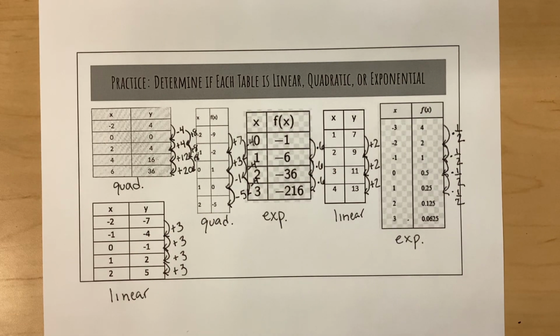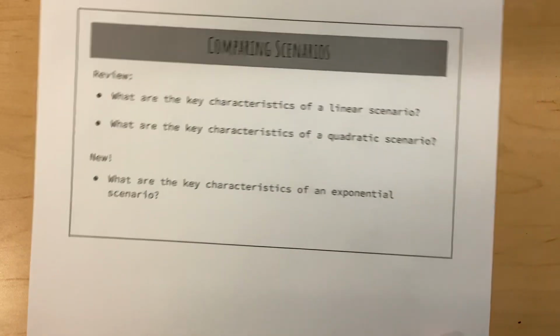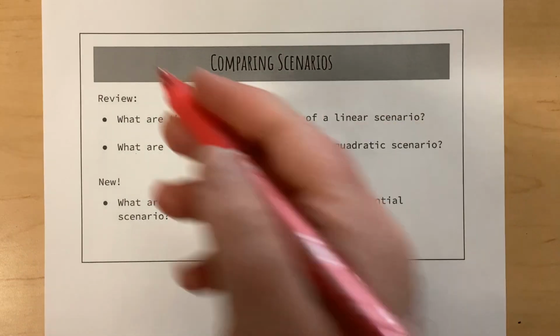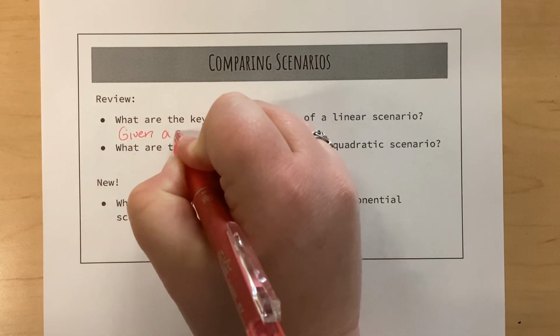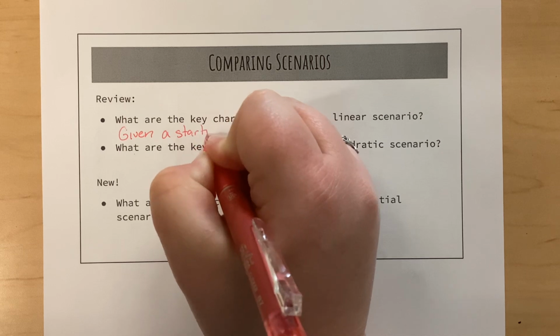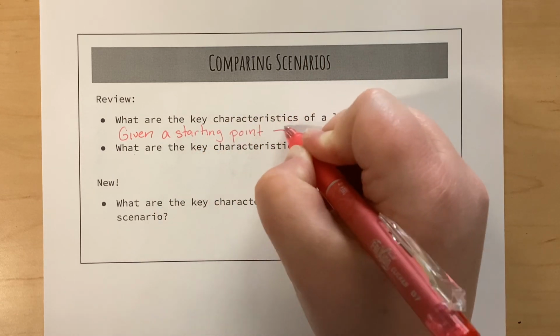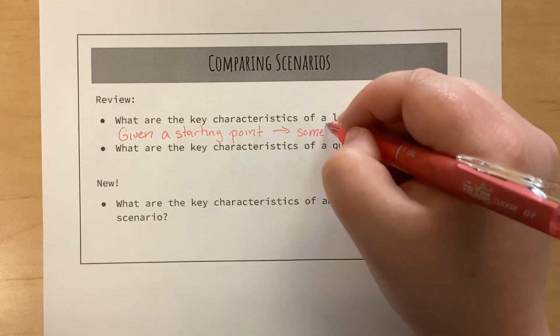All right, one last thing we need to talk about, and that is determining if a scenario that you are given, like a mini word problem, is linear, quadratic, or exponential. For a linear scenario, you are typically given a starting point, and then something is added or taken away in a constant way.